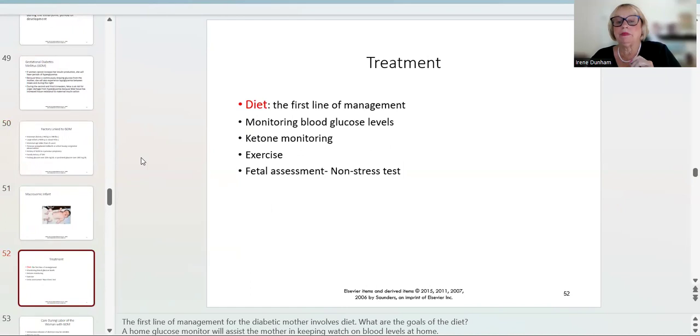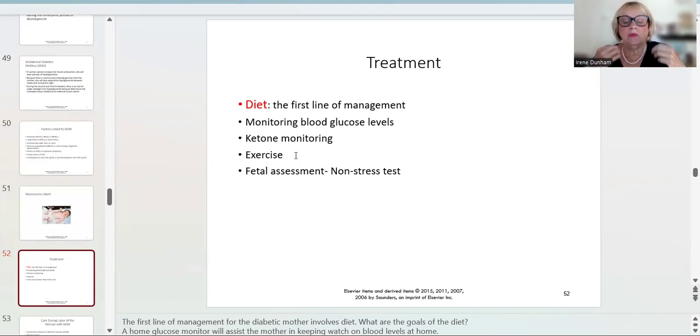Okay, what's my treatment? You're always going to monitor the blood glucose level. So if you need to practice checking blood glucose levels in the lab, do it in the lab. You can do it. I'm going to be looking at her urine for glucose, because they would spill glucose if they had a large amount circulating, and ketones. And then get out walking.